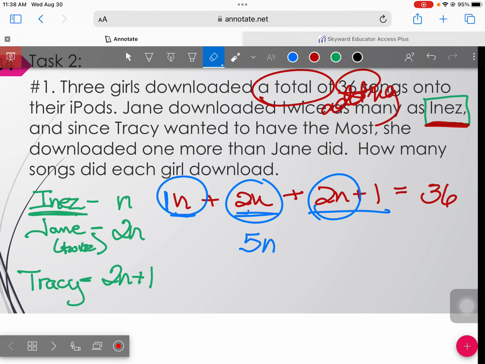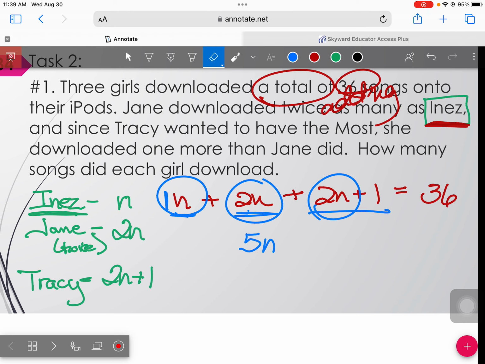What's an animal that starts with N? A newt. Think of newts. We got 1 newt plus 2 newts plus 2 newts is 5 newts. You don't multiply the newts. You just add them.